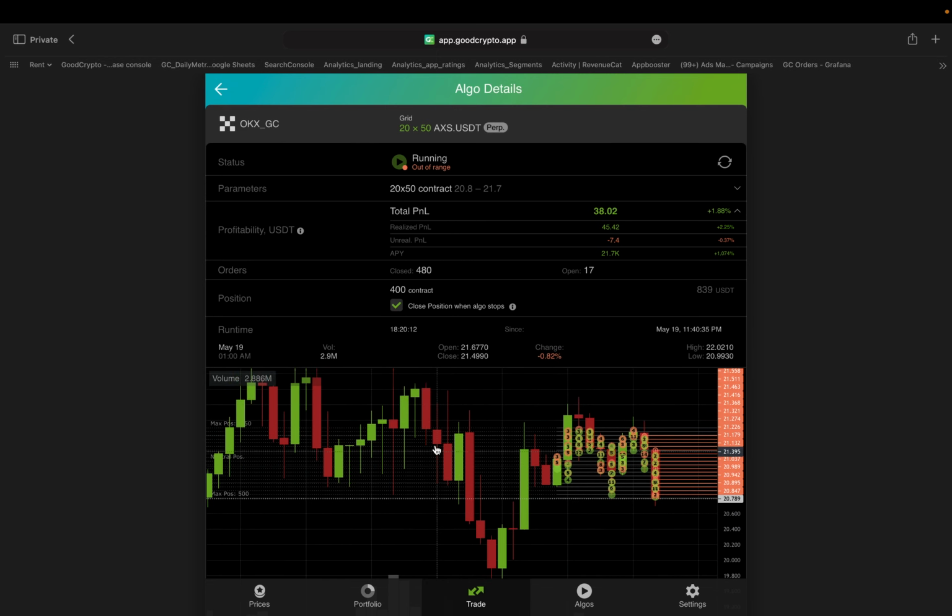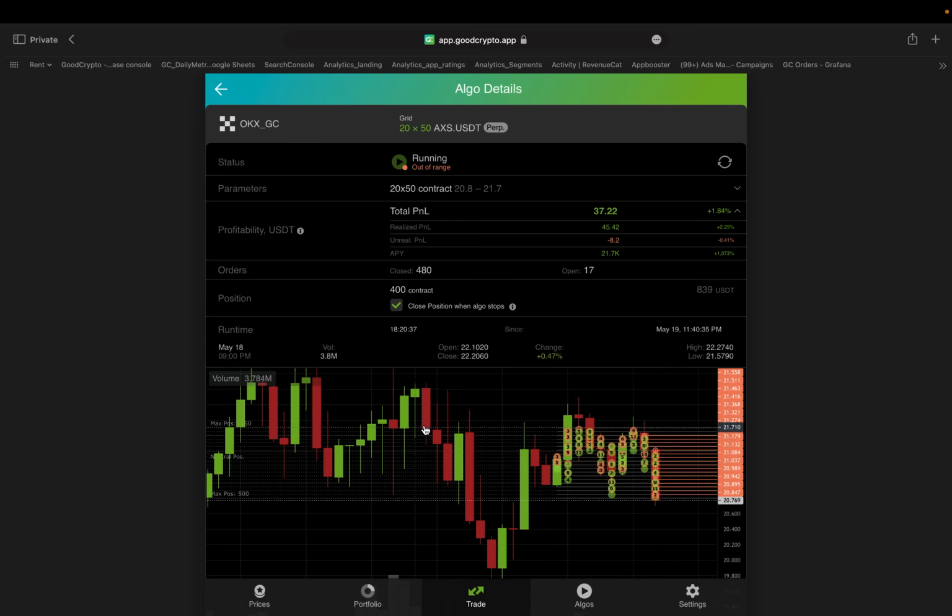Setting up the grid too broad has a number of pros and cons. You probably want your grid to be broad, but not too broad, because it will require either more levels, so more risk, or a looser grid, which means fewer trades per minute or per hour.